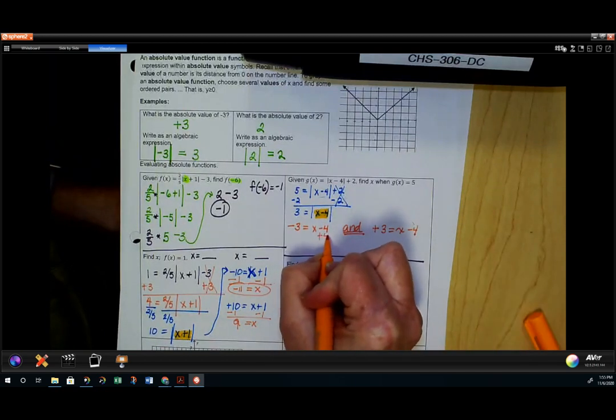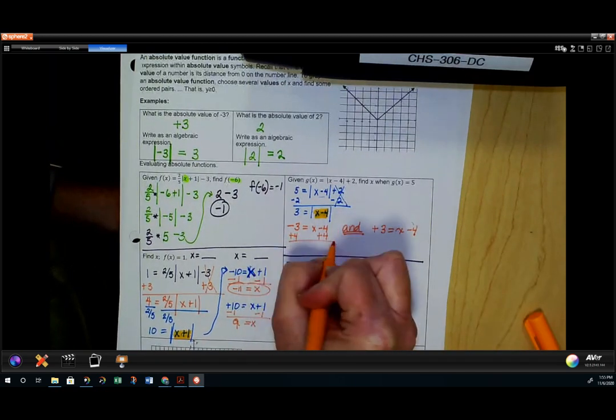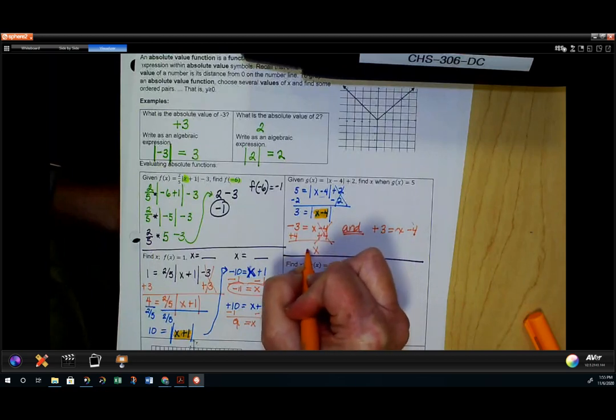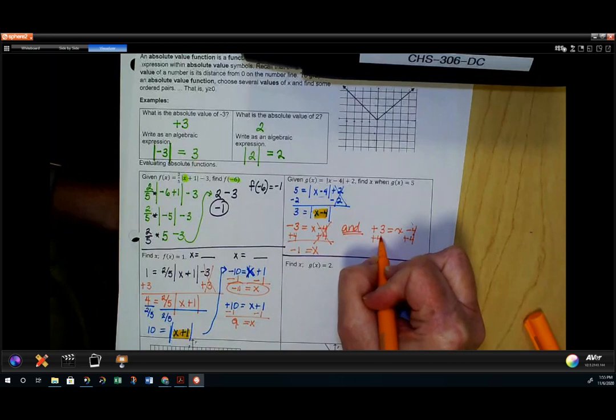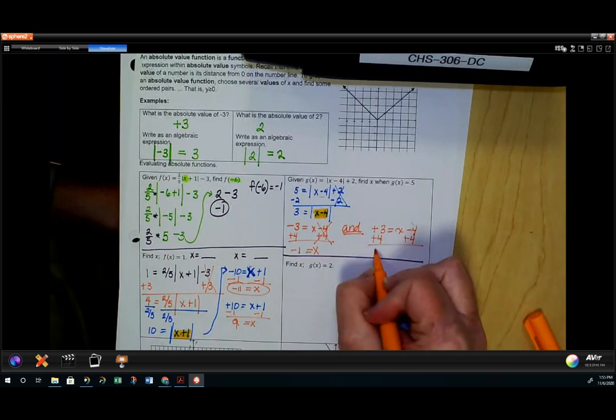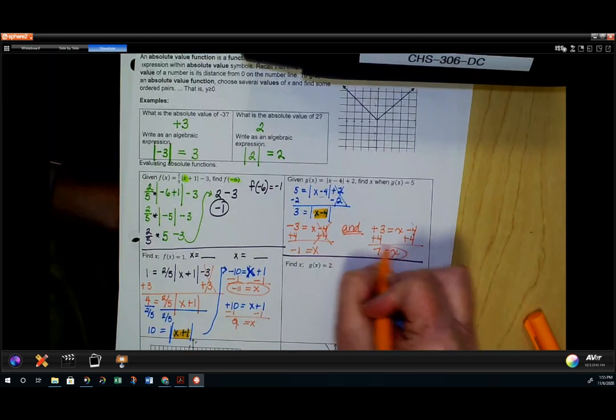So I'm going to add 4 to both sides. That cancels out, so x is going to be negative 1. I'm going to add 4 to both sides. So 3 plus 4 is 7. So those are my 2 answers.